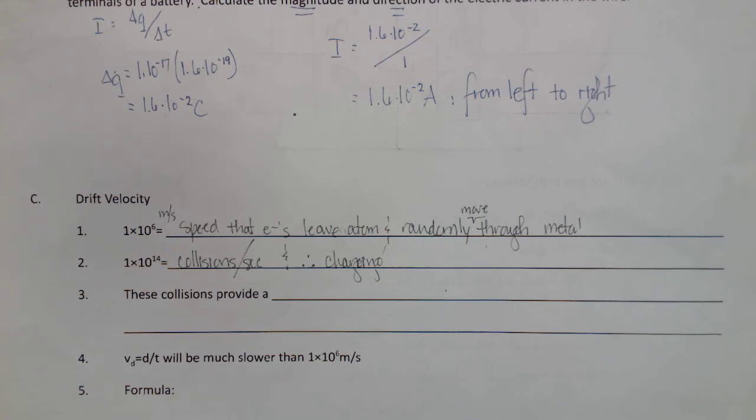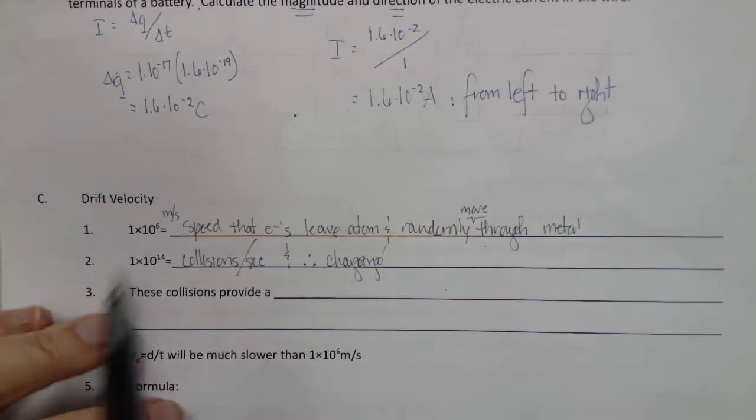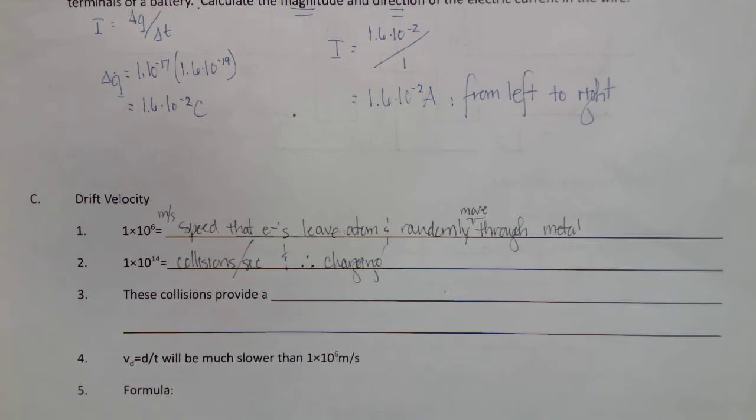There's just not that much pull of the nucleus on these electrons, so they kind of run freely. Typically they can run between the atoms, but they like to stay on the outside surface of the metal. That's why it's such a good conductor. So you have these free electrons running all over the place, colliding with stuff everywhere, and they don't actually get to move 1 times 10 to the 6 meters per second.